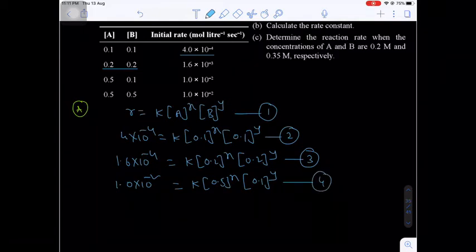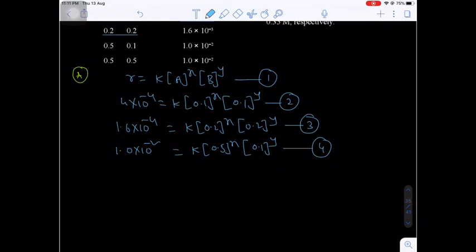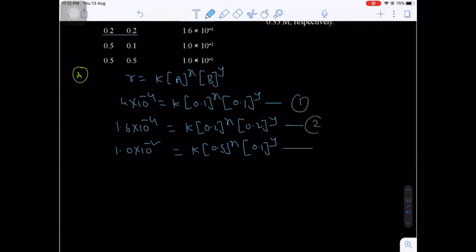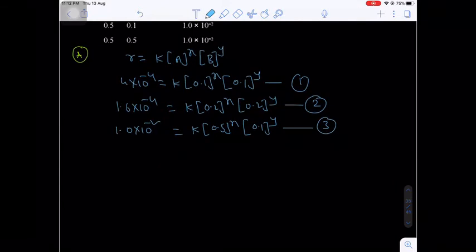So how many equations do you have in total? 4 equations. Now out of the 4 equations we require only 2, 3, 4. Here I am taking 3 equations only. This is equation 1, this will be equation 2, and this will be equation 3.